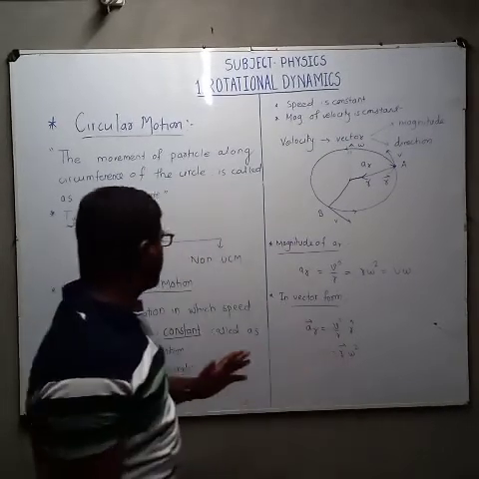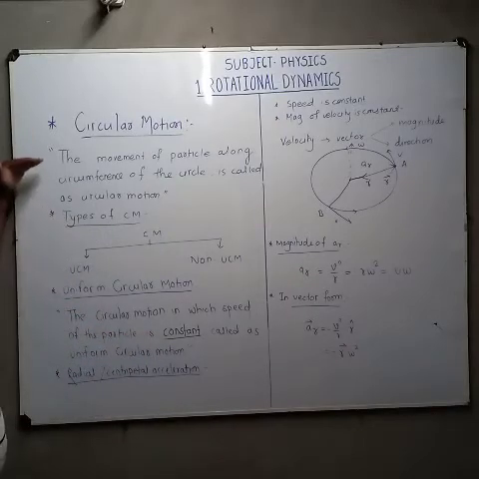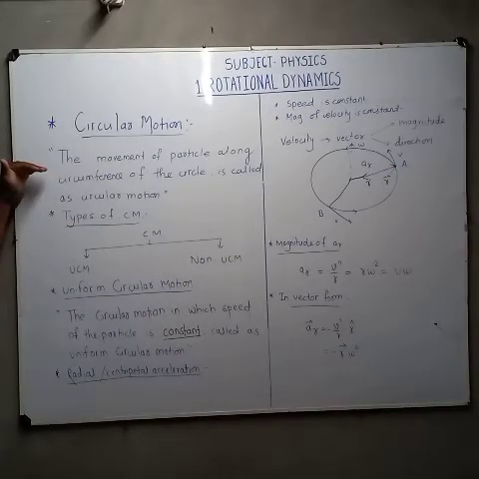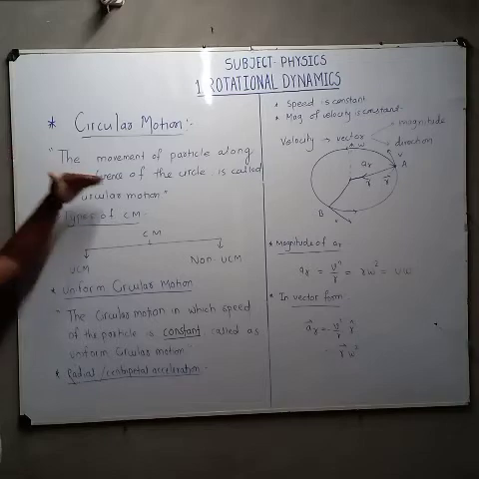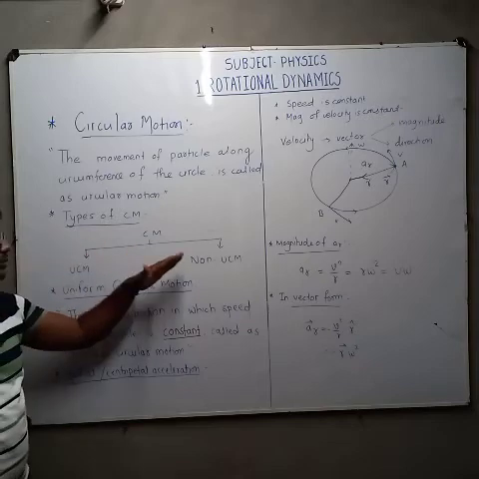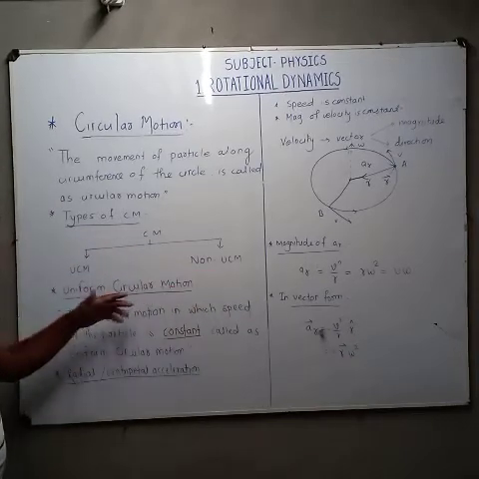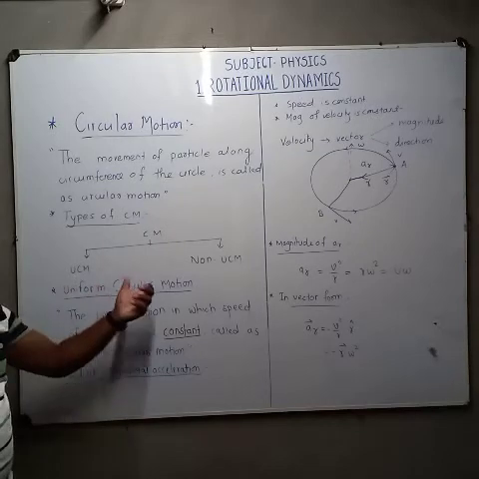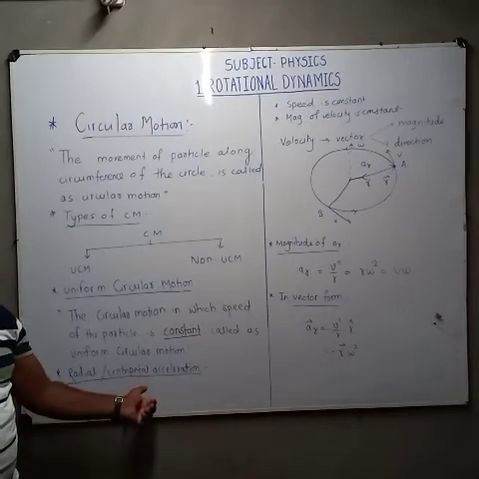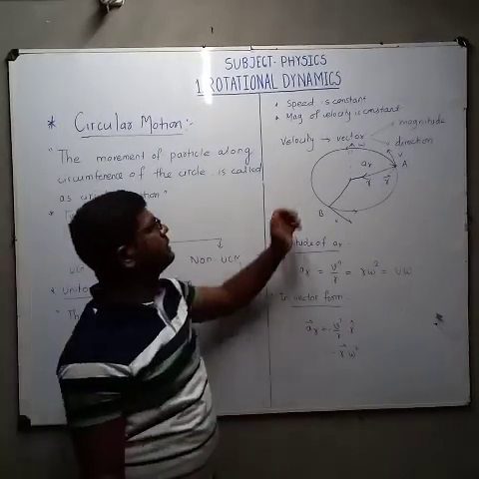Okay, this is about circular motion and uniform circular motion. In this lecture, we studied circular motion and its definition. There are two basic types: uniform circular motion and non-uniform circular motion. Out of that, first, uniform circular motion, its definition, then radial or centripetal acceleration.